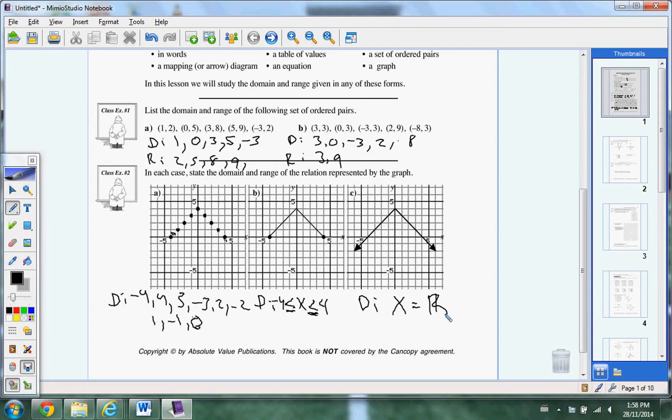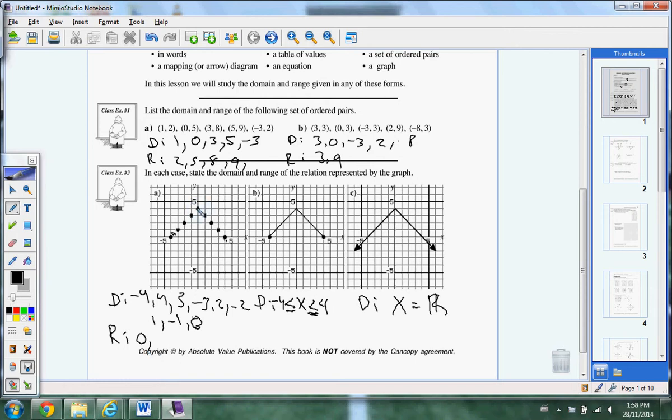Okay, so now let's do the range. So this one's range, what do you get for Tatum? What's this one's range then on part A? So what are the y values that it is? So these numbers. Yep, it's 0. Okay, what else? 4.